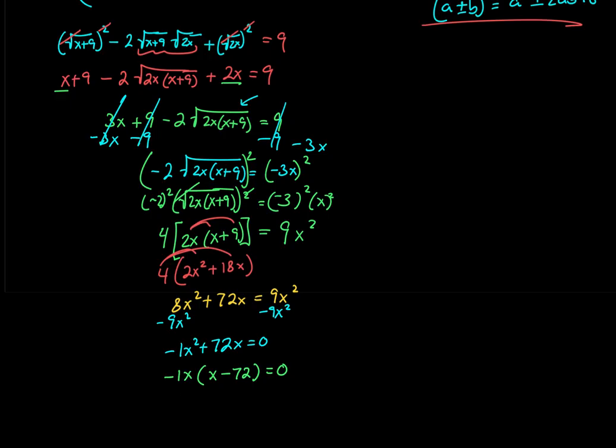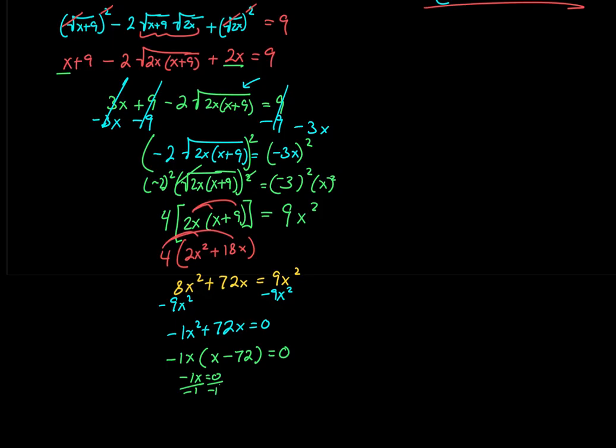Setting each factor equal to 0, we have negative 1x equals 0, which if I divide by negative 1, we're going to have x is 0 for one possible answer. And if we take x minus 72 and set it equal to 0 and solve, adding 72 on both sides, we're going to get x equals 72. So my two possibilities are 0 and 72. But we still have to plug them back into the original equation, which is now off to the side.